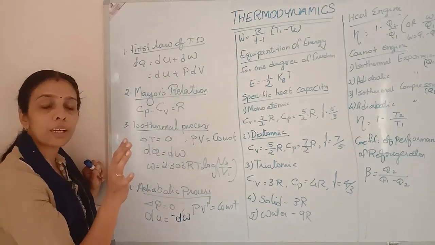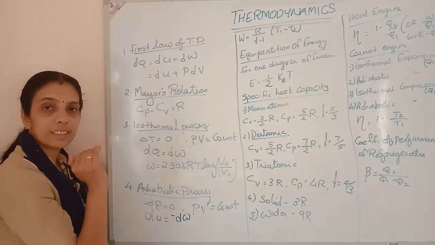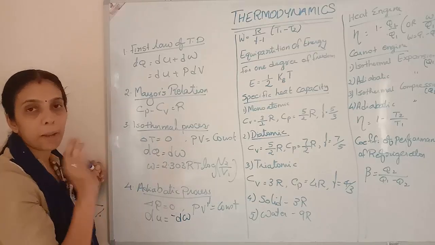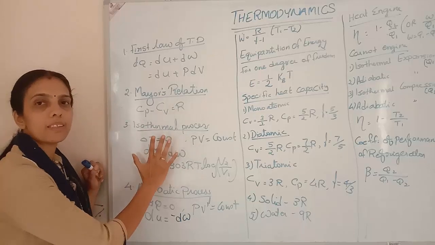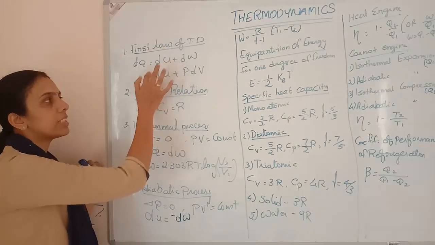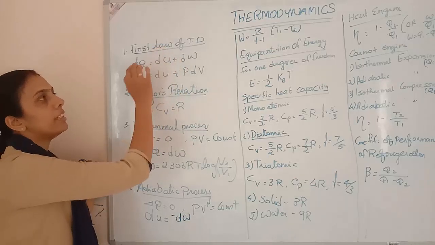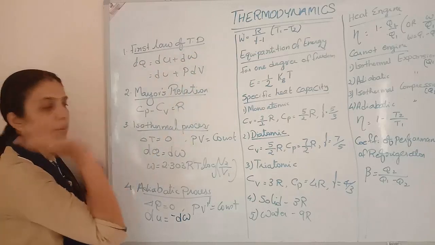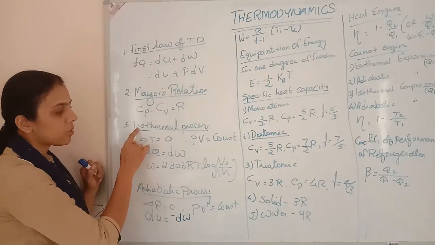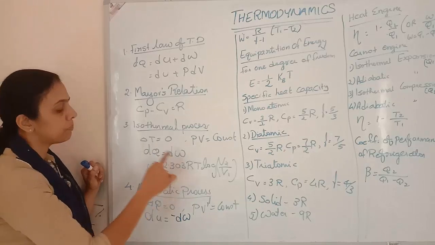Internal energy depends only on temperature. So if temperature is constant, internal energy also will be constant. So the change in internal energy will be 0. If the change in internal energy is 0, dq will be equal to dw. Therefore, in an isothermal process, dq equals dw.